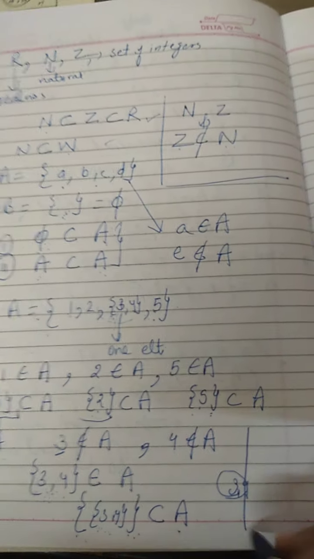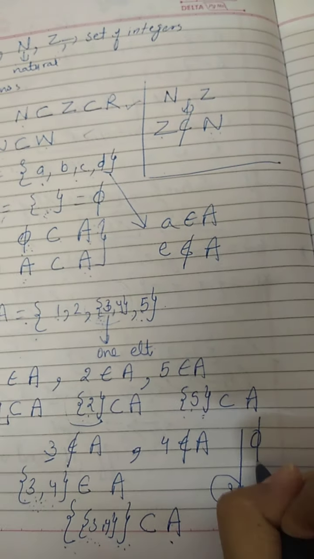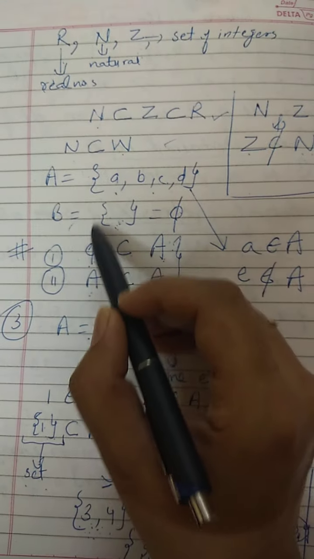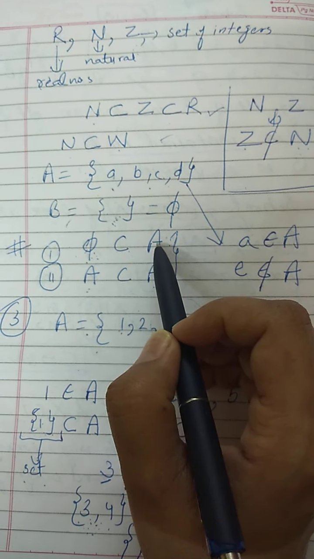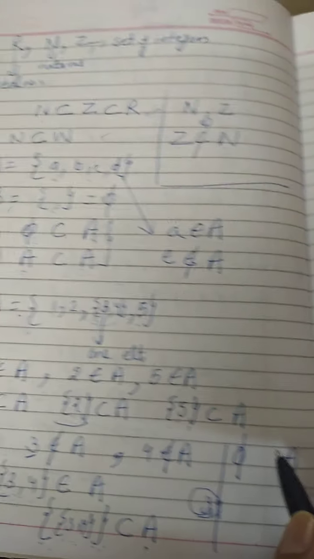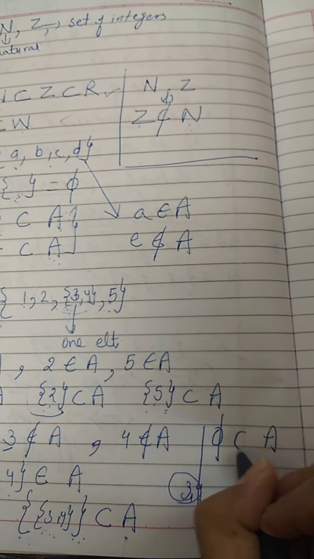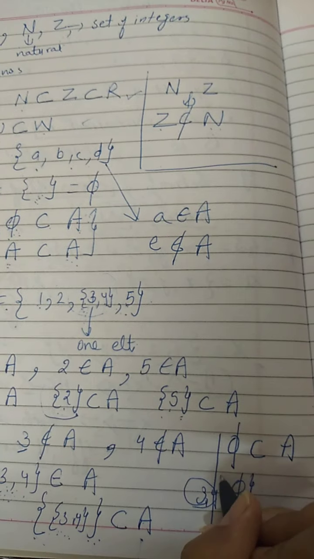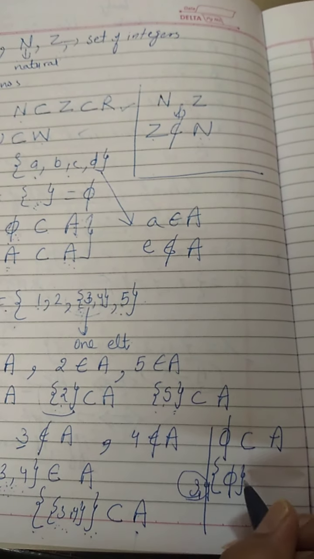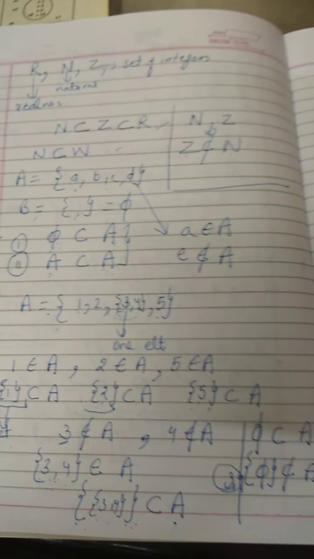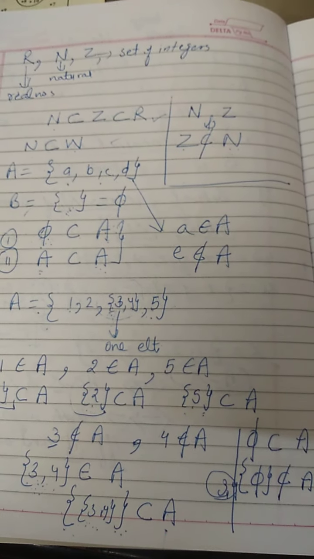Now, what will be the relationship between phi and A? Yes, we have done this. Phi is a subset of every set, and a set is always a subset of itself. So phi is a subset of A. And when I write down phi within curly braces, it is not a subset of A. Why is it not a subset of A?